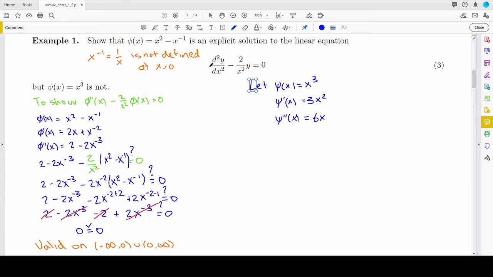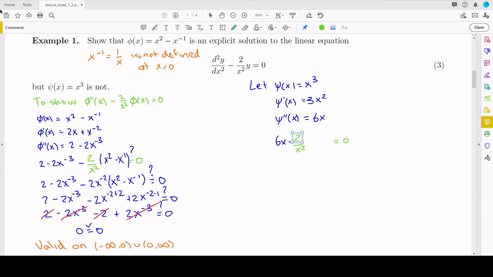So now we're going to substitute that into this differential equation. Here's the second derivative of y, so we're going to have 6x that comes from here, and then minus 2 over x squared, and then equals 0.